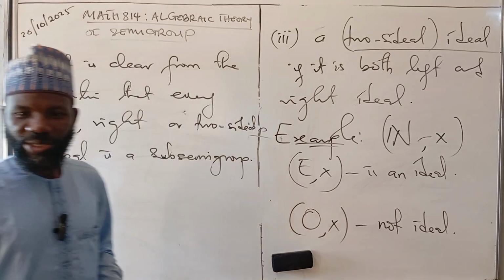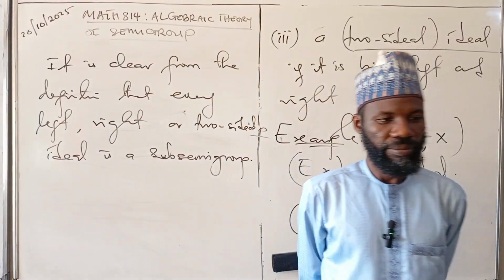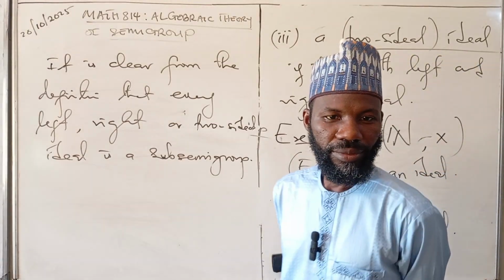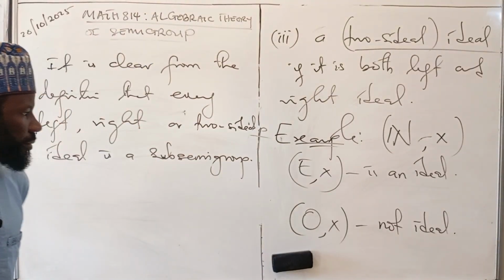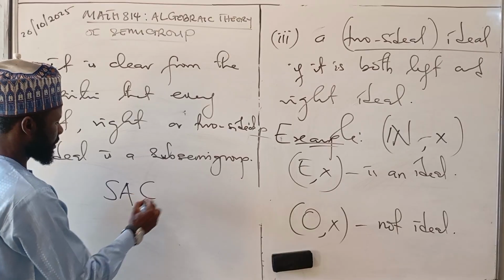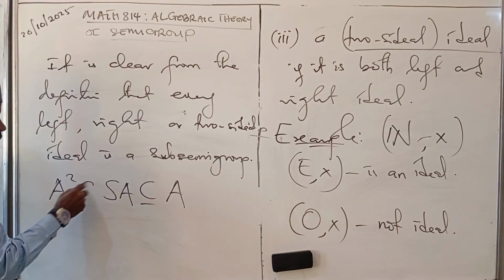An ideal is always a subsemigroup. Why? It's closed and associative. Why is it closed? Because when you pick any, you say SA is in A, but then always A squared is in SA.